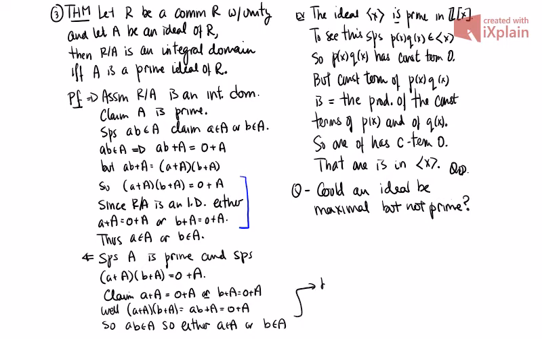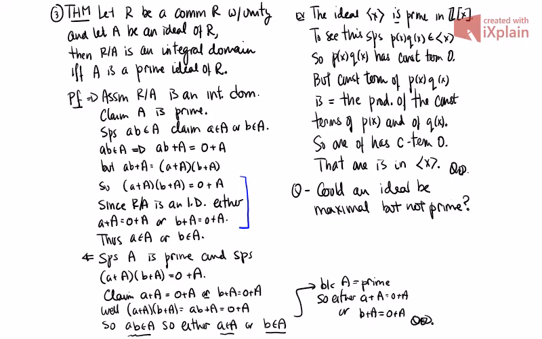Remember, prime means that if a product is in it, then one of the two things is in it. So in the first case, when a is in A, a + A is 0 + A, or b + A is 0 + A, QED.